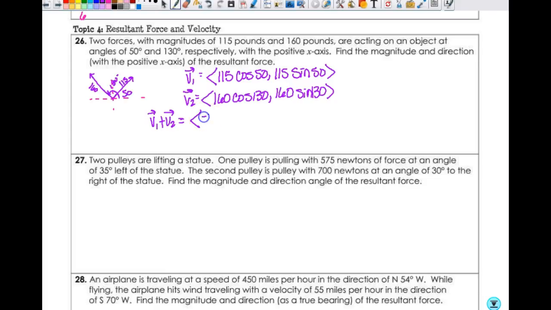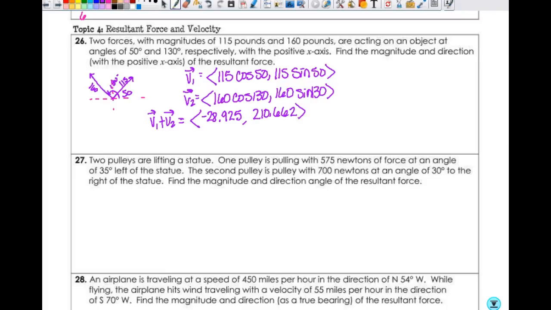And this gives you negative 28.925. Then you do 115 sine 50, close parentheses, plus 160 sine 130 equals, shift store Y. And you get 210.662. Okay, so that's not my final answer, just what I have to get at this point.